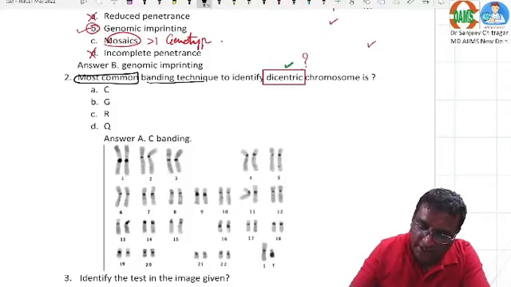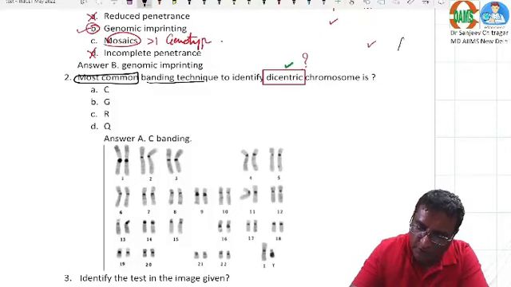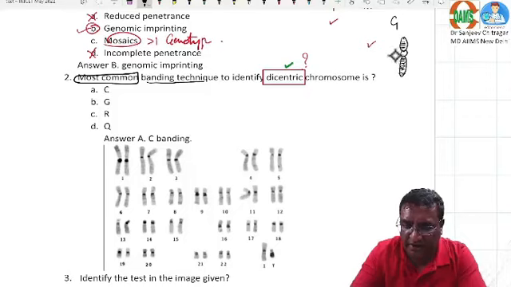But if dicentric was mentioned, what do I mean by dicentric? This is your normal chromosome. Let me draw one normal chromosome here. This is your centromere. Normally your centromeres will be less stained. In G banding, centromeres are hypostained or unstained areas.